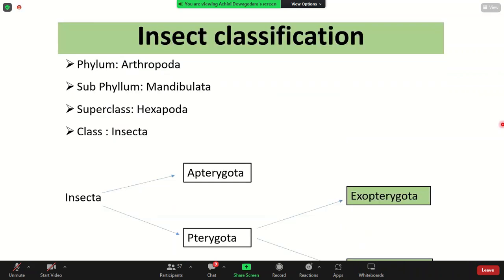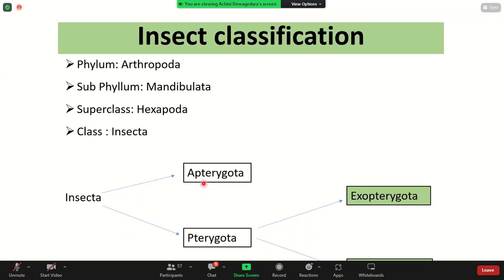Insecta can be divided into 2 main categories, Apterygota and Pterygota. What are Apterygota and Pterygota? I told you almost all of these names have a certain meaning.